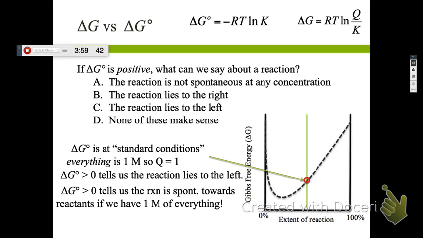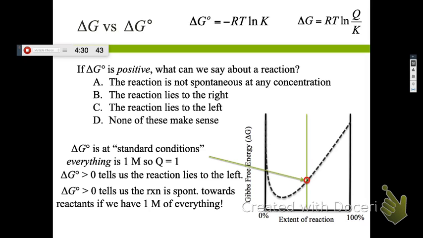What about the magnitude of it? What about how big, right? So it could be 0.1 or it could be 10,000. What does that magnitude tell us? How much it's favored? So how far that minimum is away from the center. If Gibbs free energy at standard conditions is 0, it's nowhere away from the middle. It's at the middle.